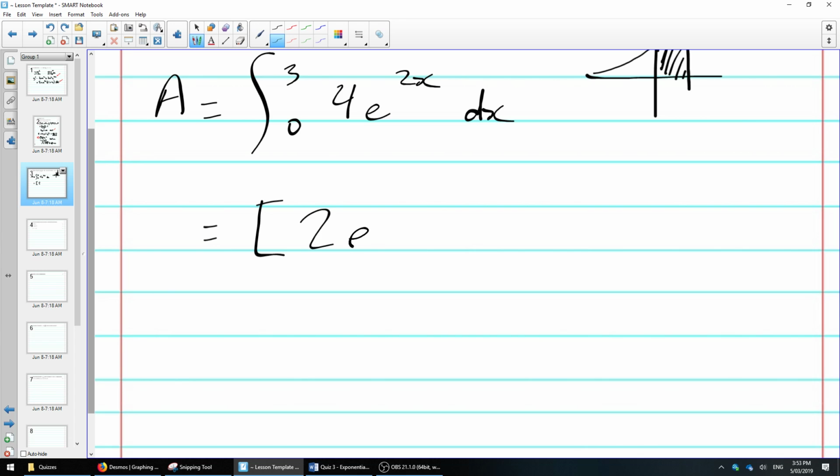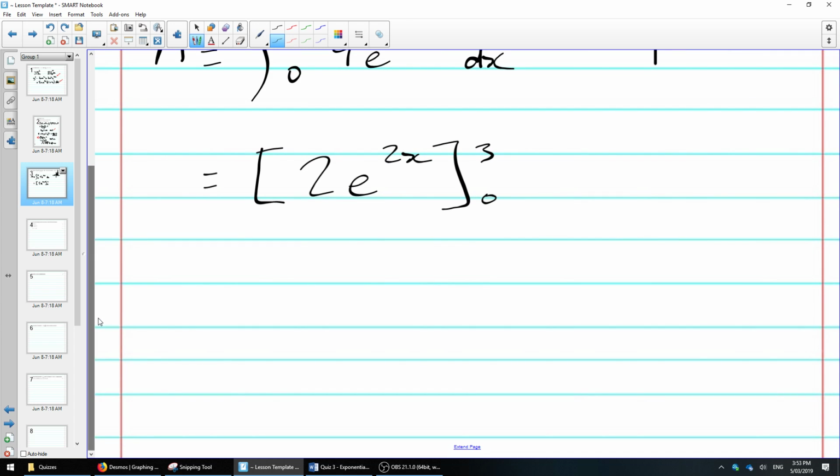So we have 2e to the 2x, between 3 and 0. And then, of course, now we just sub things in. So this becomes 2e to the power of 6 minus, well, e to the power of 0 is 1, so it's just minus 2.